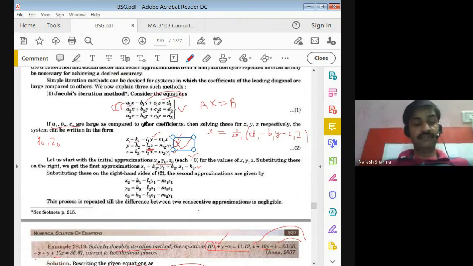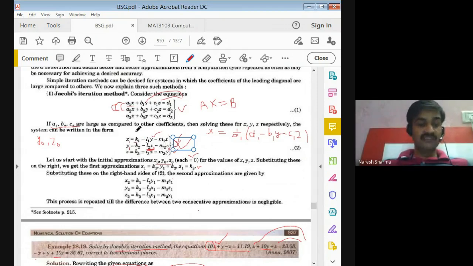In the Jacobi method, we put the old values in all of x, y, z, but in the Gauss-Seidel method, we put the latest available value. So when you find x, which is x1, after putting your y naught and z naught, that x1 you can put for calculating your y1. So here we can put on the right side x1, and here it is z naught.